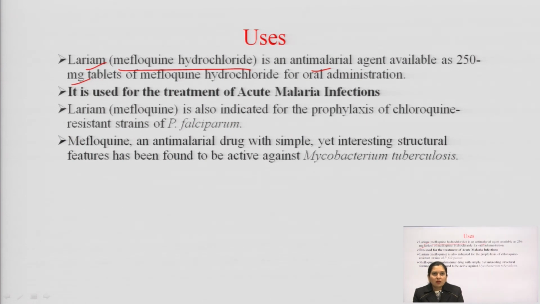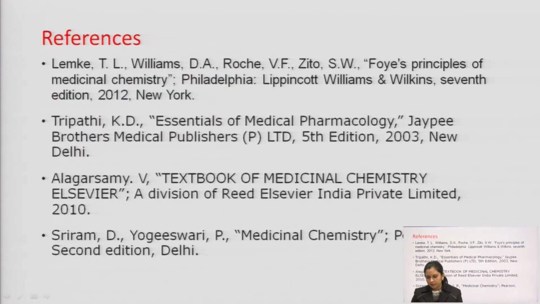In the same way, Lariam, that is mefloquine, is indicated for prophylaxis, for the preventive purpose, against strains of Plasmodium falciparum that have become resistant to chloroquine. Mefloquine, an antimalarial drug with simple yet interesting structural features, is also used in the treatment of Mycobacterium tuberculosis.